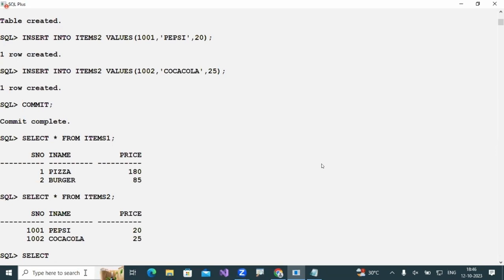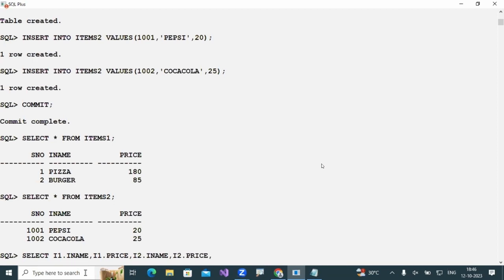Yes, select. Okay, I will take I1, it's called an alias name I'm creating here. I1 dot I name, comma, I1 dot price, comma, I2, one more alias name, I2 dot I name, comma, I2 dot price.